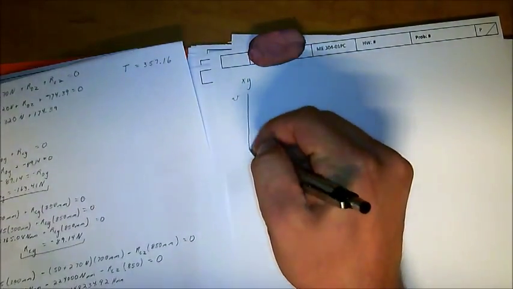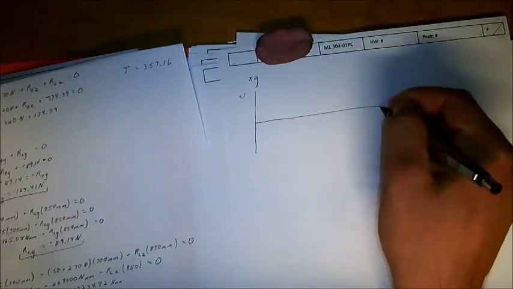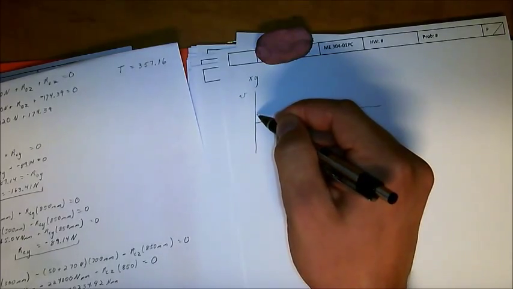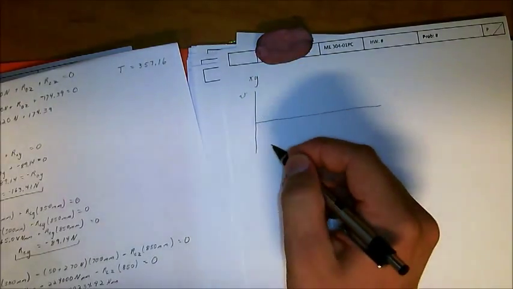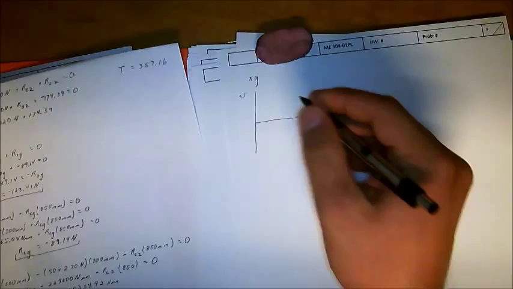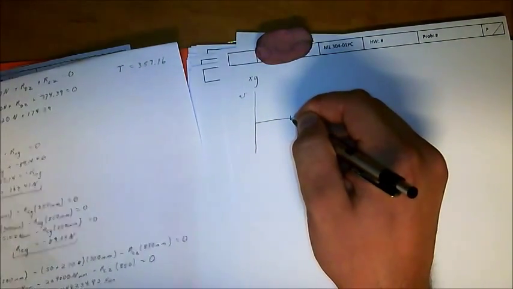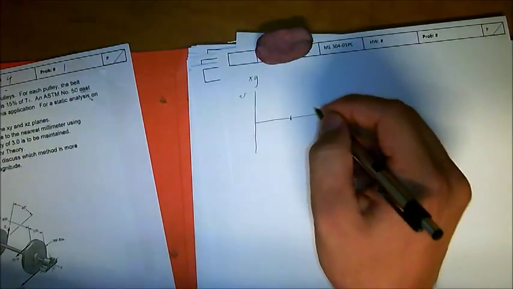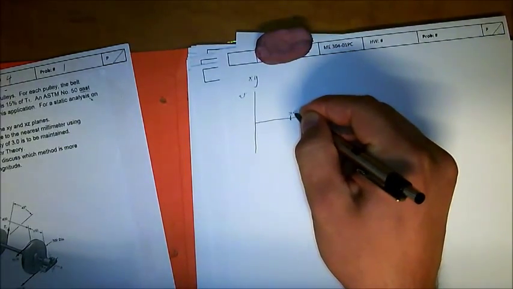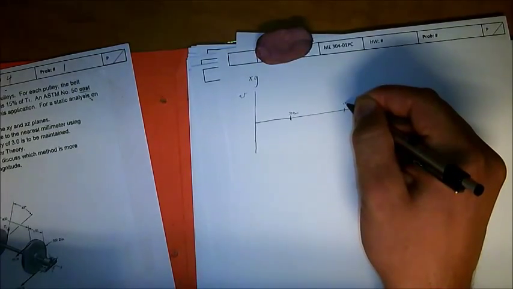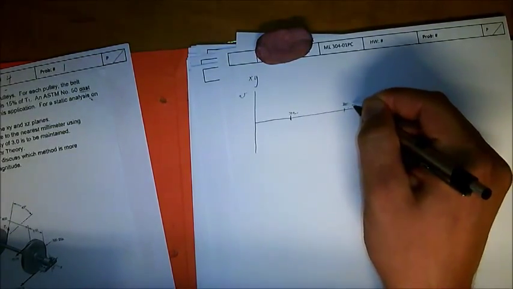So I know that the reaction at O in the Y direction is going to be negative 163. Well, actually, let me get this set up here. So this is at a distance of 300 millimeters, and then this is moving on 400 from that, so 700 millimeters, and then 150. It's not really to scale, but you get the idea.